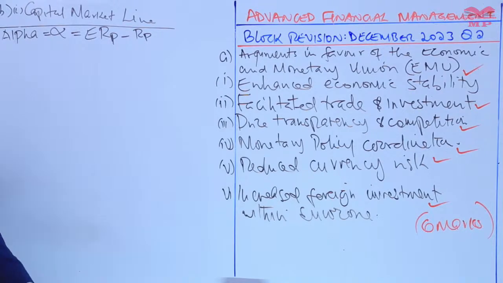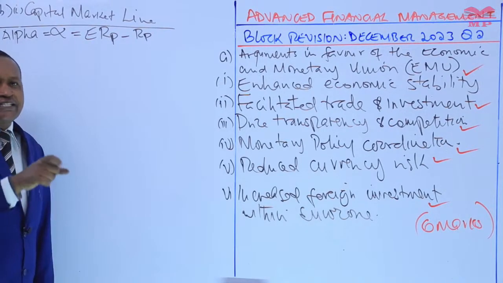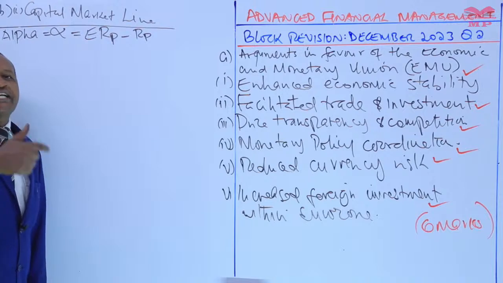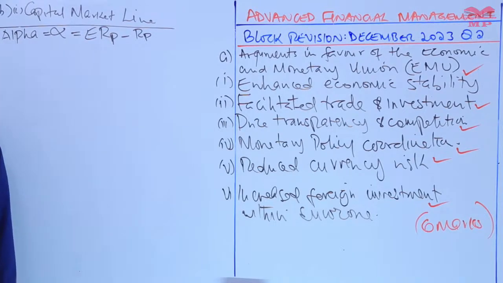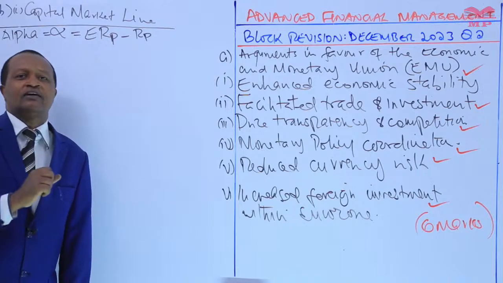So alpha, in other words, candidates, indicates the portfolio's ability to outperform the market or to underperform the market, which is on a risk-adjusted basis. So that's very important. That is the formula, candidates.